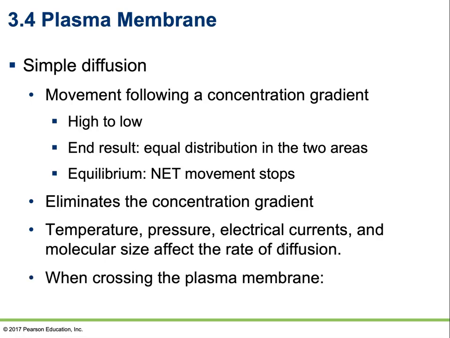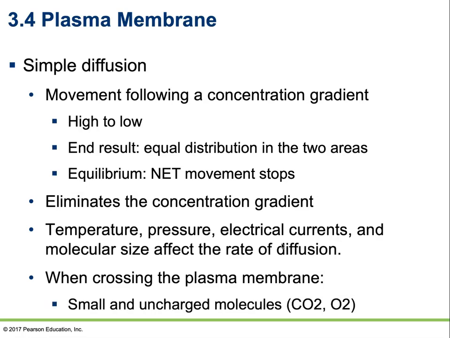When we are crossing the plasma membrane, there are few molecules that are able to move through simple diffusion, specifically and exclusively small and uncharged molecules. Anything too large or too charged is not going to get across the plasma membrane without some help. But small uncharged molecules like carbon dioxide and oxygen are going to move freely across the plasma membrane.